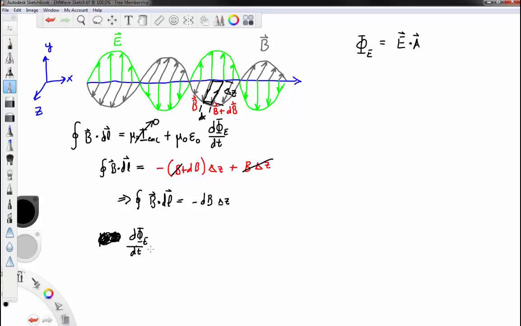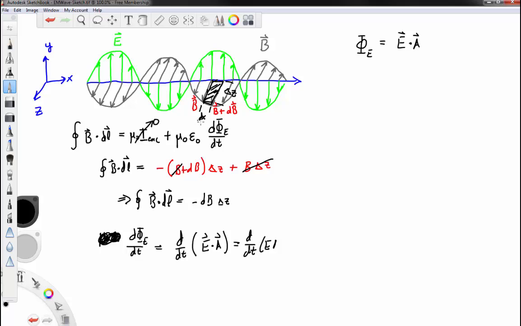So d phi E by dt is going to be equal to the derivative with respect to time of E dot A. Well, that is d by dt of the electric field times the area. In this case, the area is like this, and so the electric field is poking through it this way.